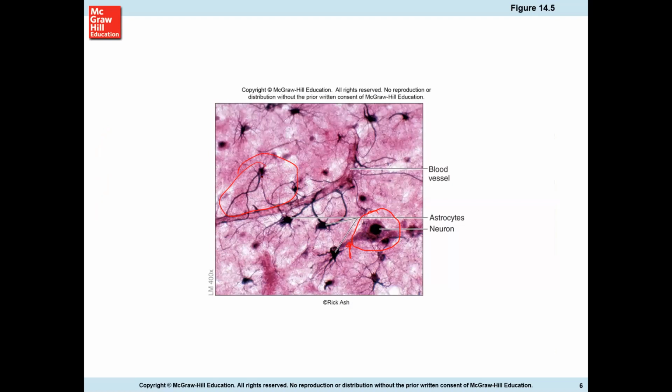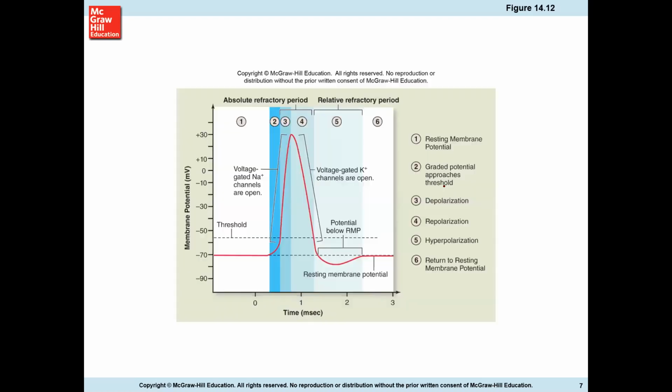So the astrocytes look like stars. Remember, they're only in the CNS, and they connect through these foot appendages that kind of latch on to the blood vessel. This is a capillary in the brain. Yeah, so the astrocyte, that's all that's really showing. I'm not going through action potential with you unless you want me to. I'll go through this, but again, I'm not going to ask you in lab about action potential.